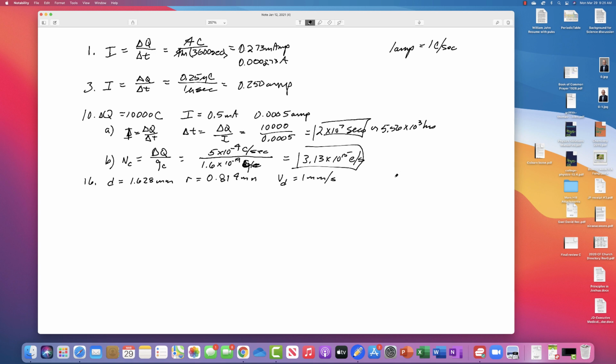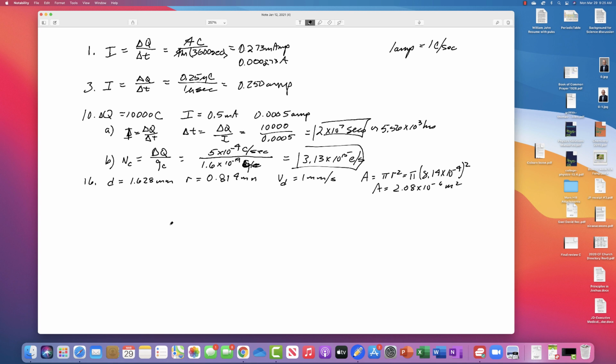So first you have to calculate the area, because you're going to need that. And the area is going to be pi r squared. So it's pi times, and the best way to do it is to convert this to meters. So this is 8.14 times 10 to the minus 4 meters squared. So the area equals 2.08 times 10 to the minus 6 meters squared.